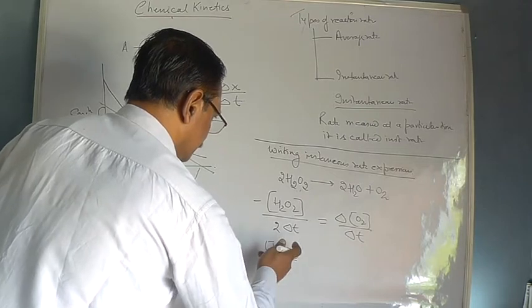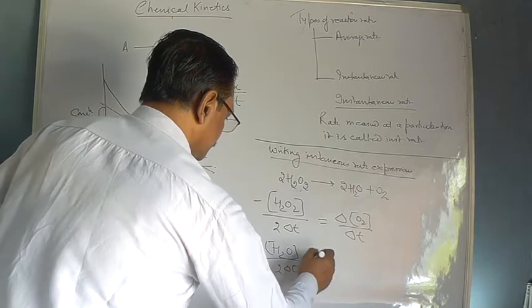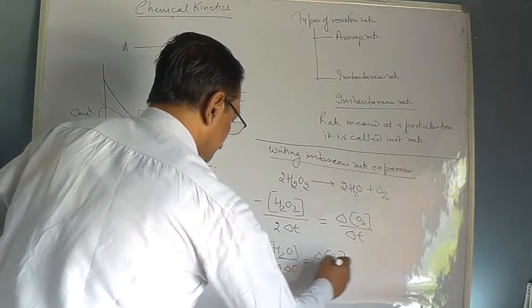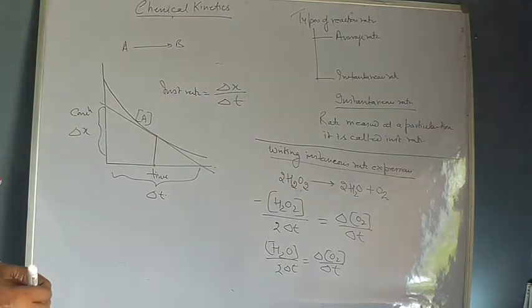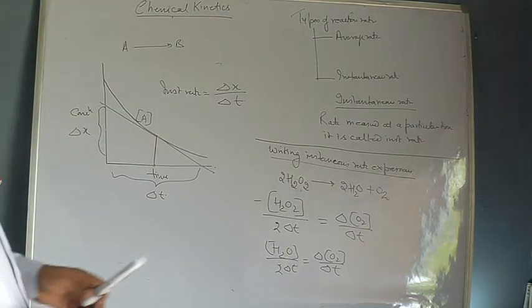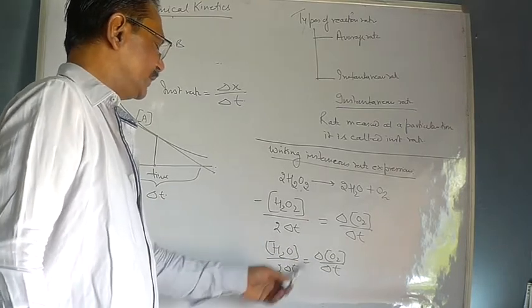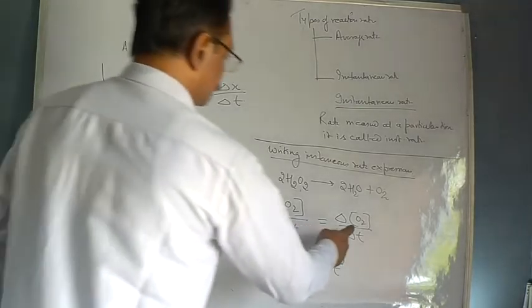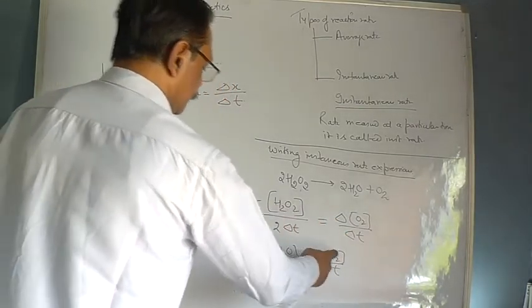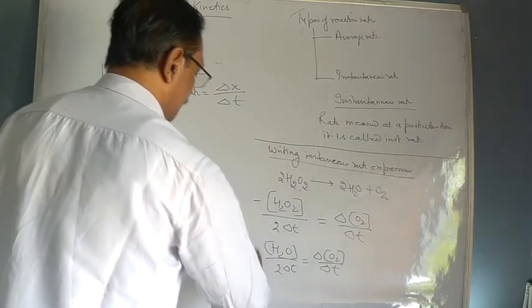Since it's a product, I am not writing negative sign here. Class, the time required by formation of 1 mole of O2 is just half of the formation of H2O. So delta O2 by delta t equal to this, delta O2 by delta t equal to this. So these three are equal.